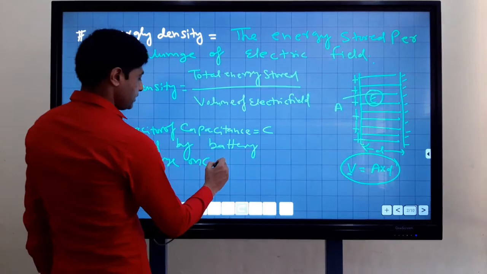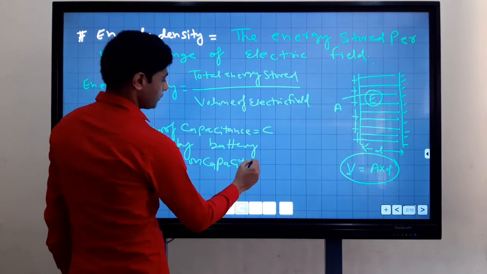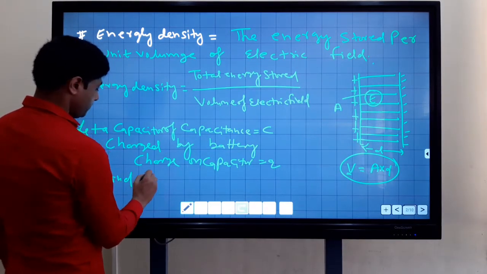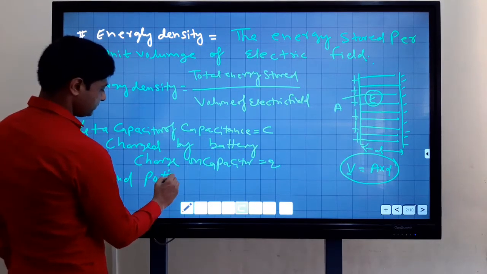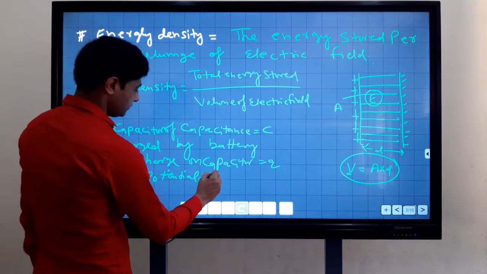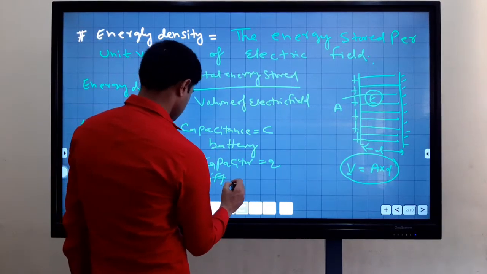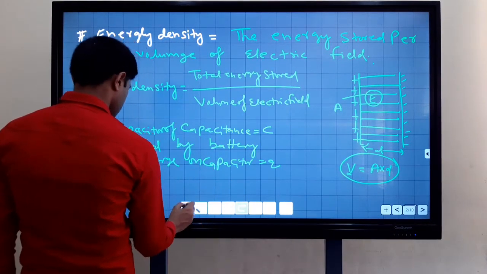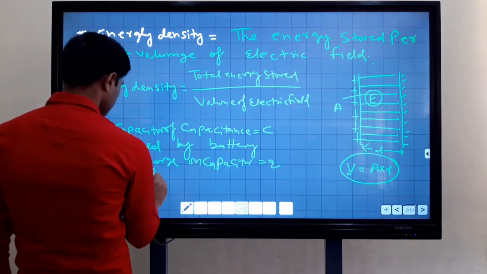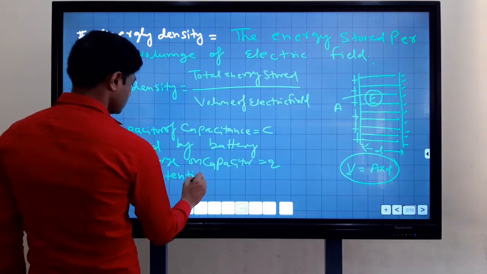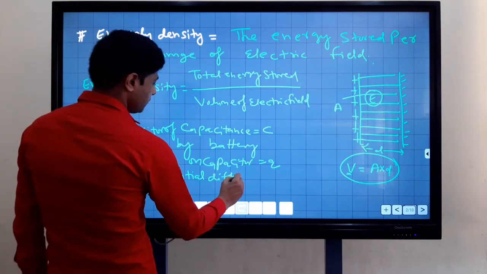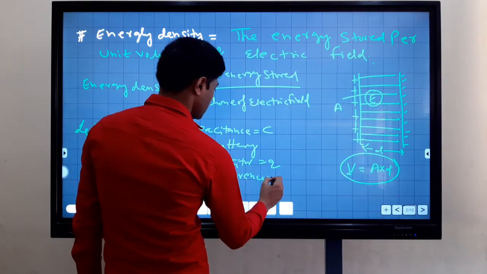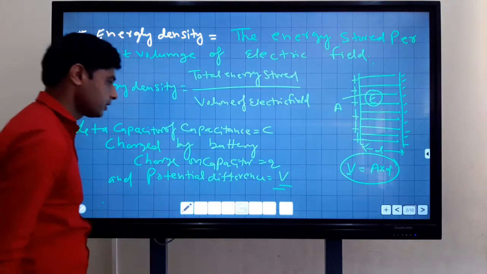The charge on the capacitor is Q and the potential difference between the plates is V. Okay.